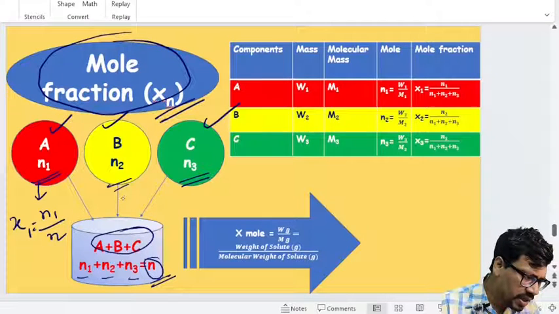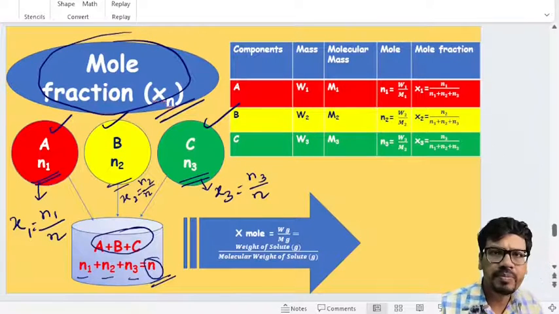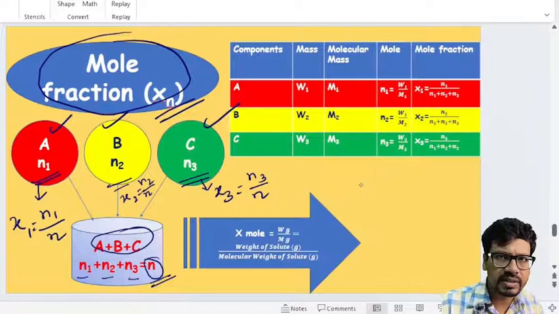The mole fraction of B, that is x2, is n2 divided by n, and in case of C, x3 is n3 by n. So this is the mole fraction.